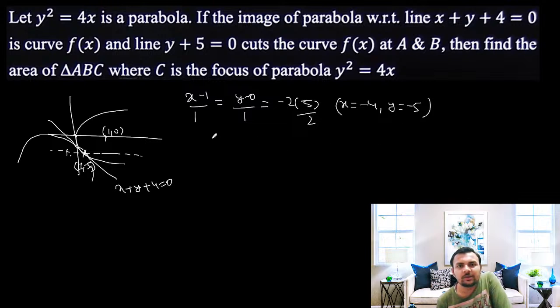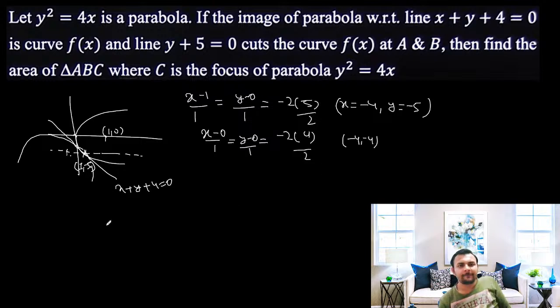And our new center will become x minus 0 by 1, y minus 0 by 1 equal to minus 2 times 4 upon 2. So it's minus 4, minus 4.